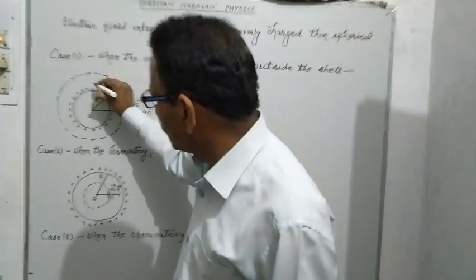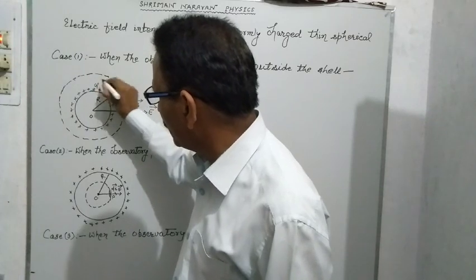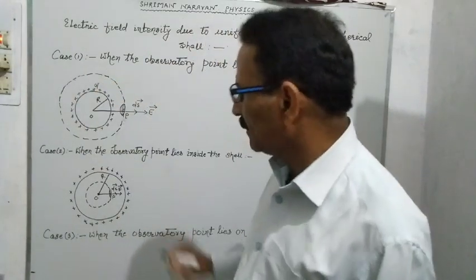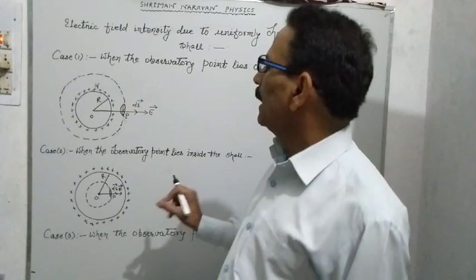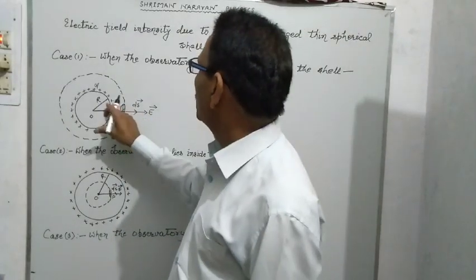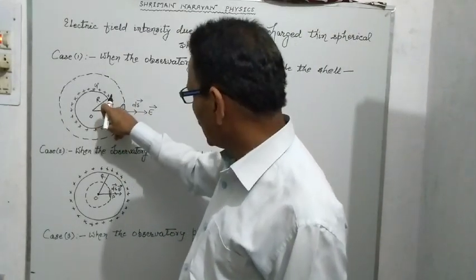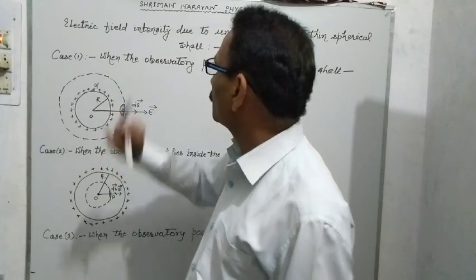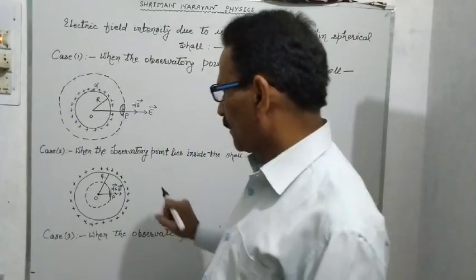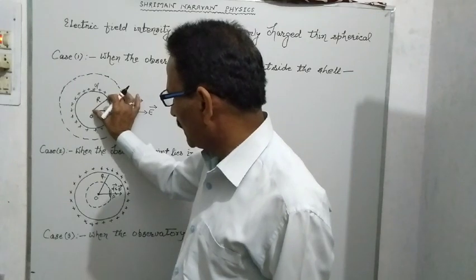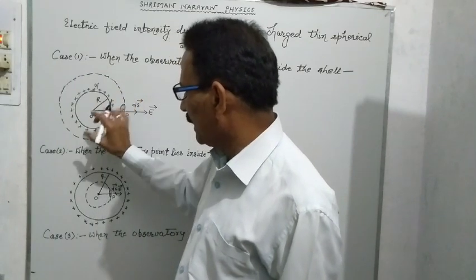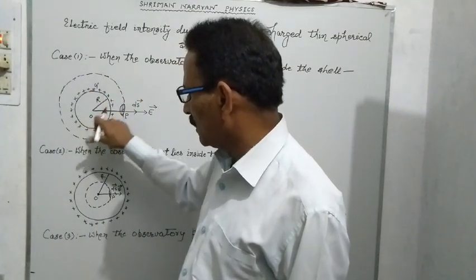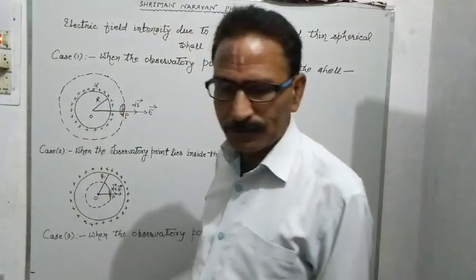Let Q coulomb of charge be given on this spherical shell, and the radius of this shell is capital R. From the figure it is clear that this distance is R.